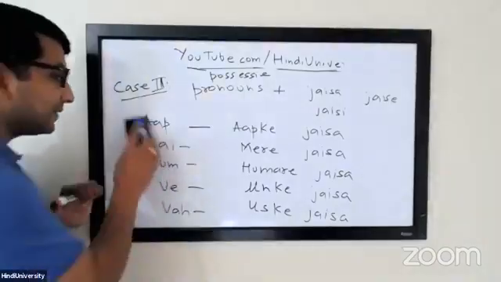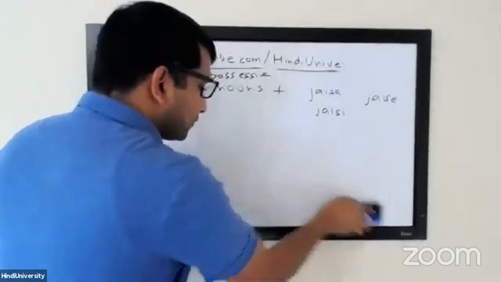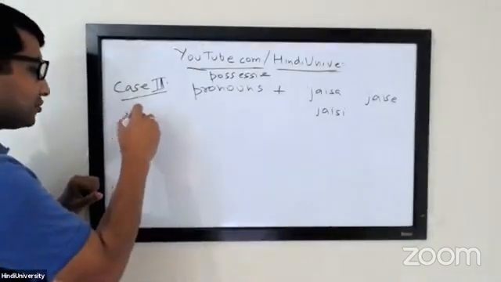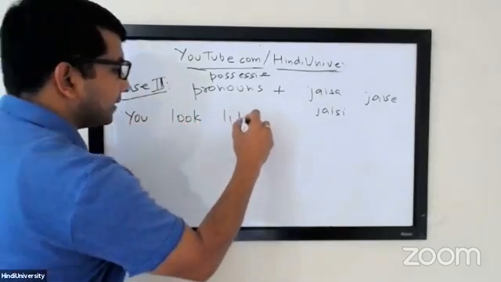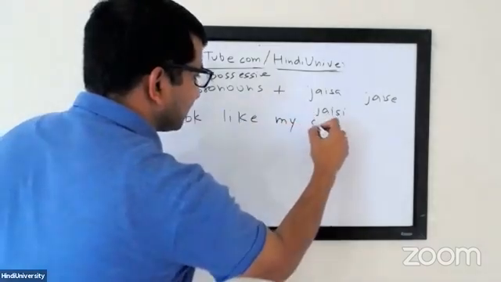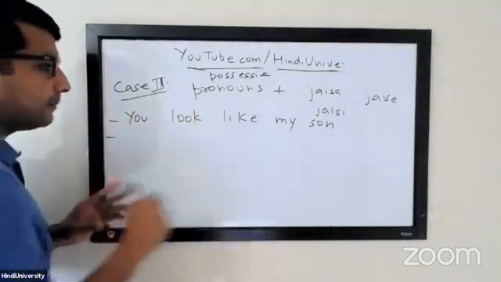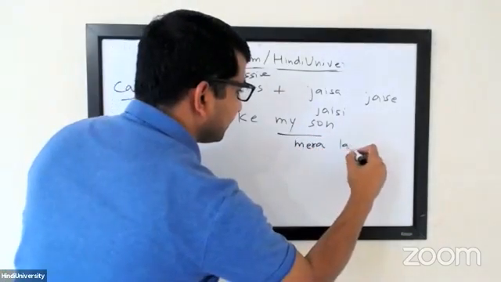Very good. Awesome. So I'm going to write that down. I hope you were able to write down the table. So the question was, you look like my son. My son is मेरा बेटा और मेरा लड़का.